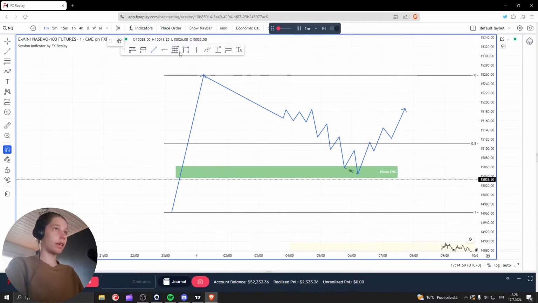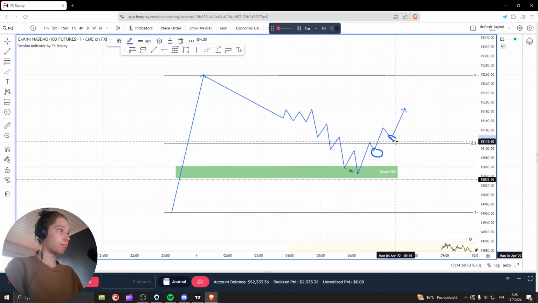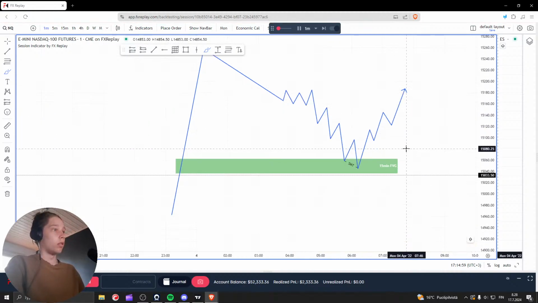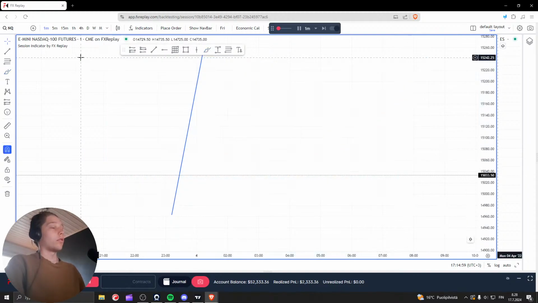And when you take a long according to the market maker buy model, for example here or here, your initial target is this external high and the accumulation range high that you have here. And that's basically how it works.